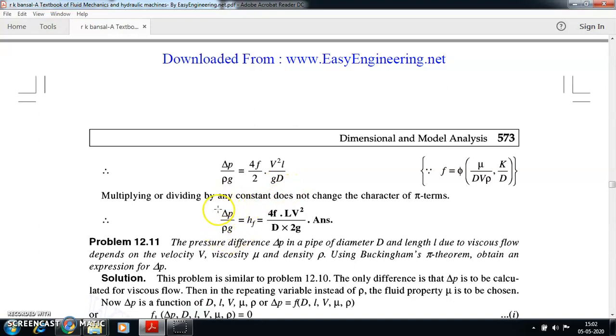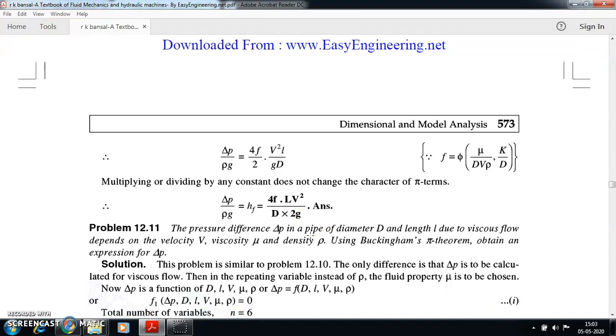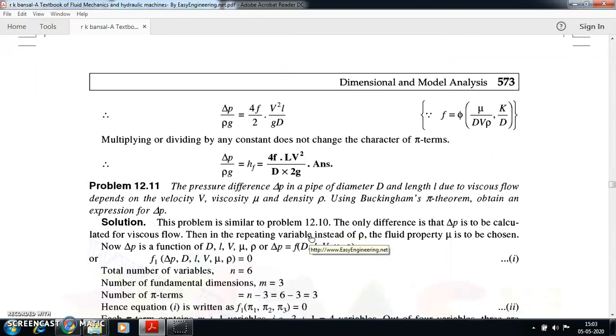We define this delta P divided by rho g as h f, the head loss due to friction. So h f will be 4 f L V square divided by 2 g d. This is one of the important expressions in your fluid mechanics subject. So we are defining a function small f, the coefficient of friction, which depends on the reciprocal of the Reynolds number and the roughness factor, k divided by d.